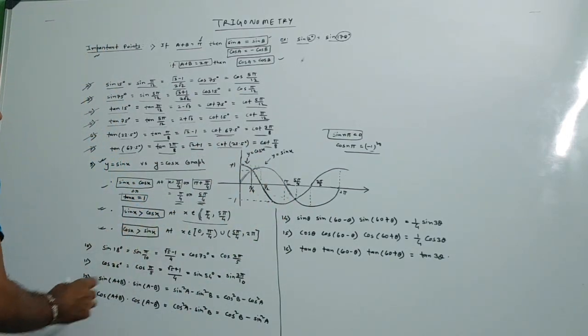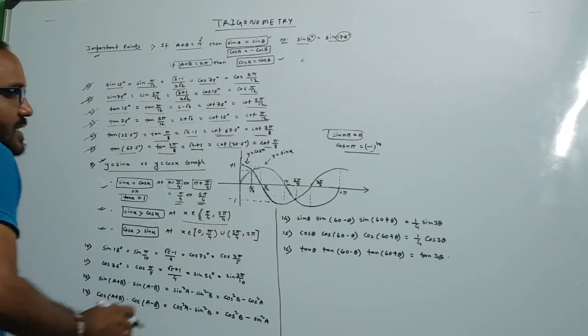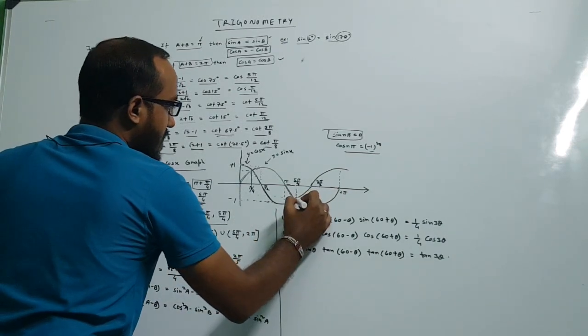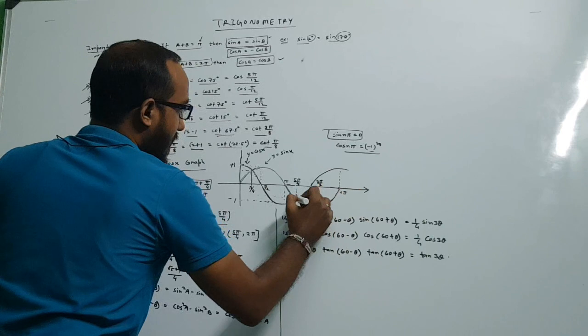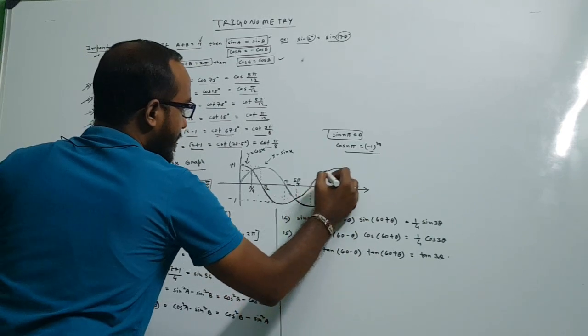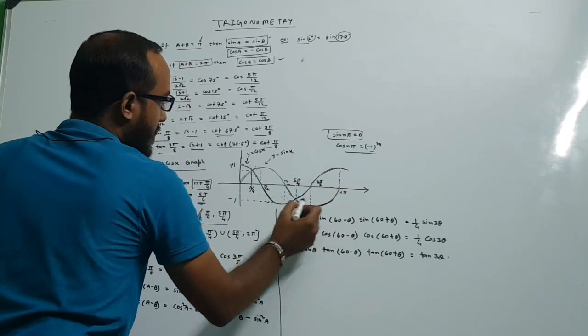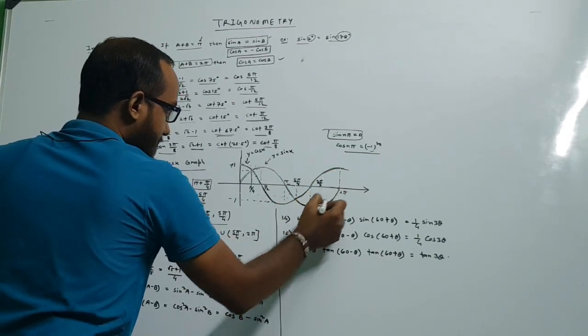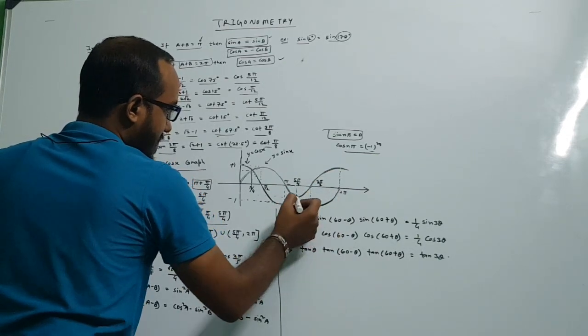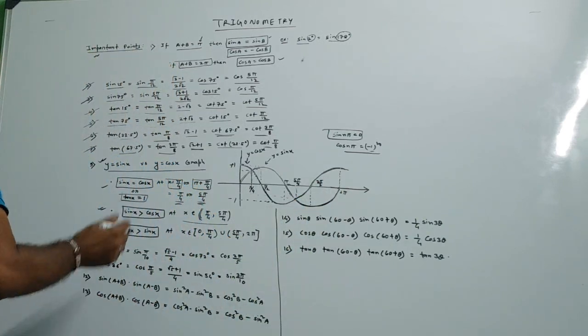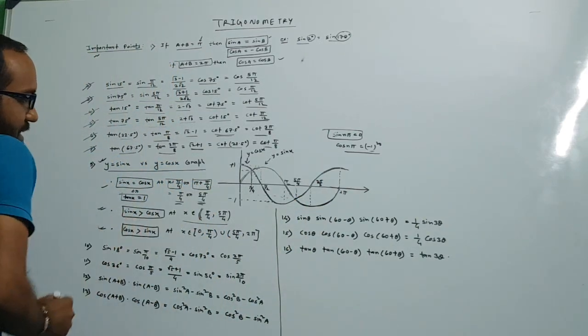Sin x will be less than cos x, or cos x greater than sin x. See, this is the graph of sin x and this is the graph of cos x. So from 5 pi by 4 to 2 pi, the cos x curve is greater, because sin x is negative here, the cos x graph is greater than sin x.